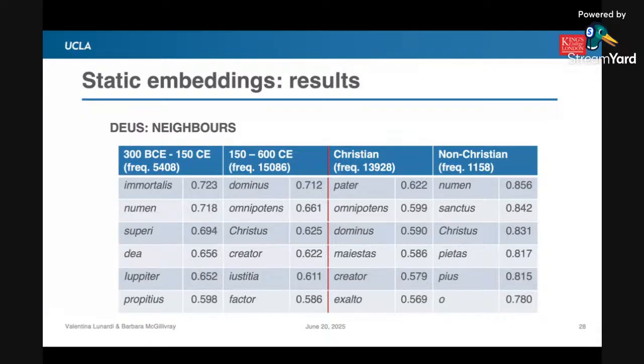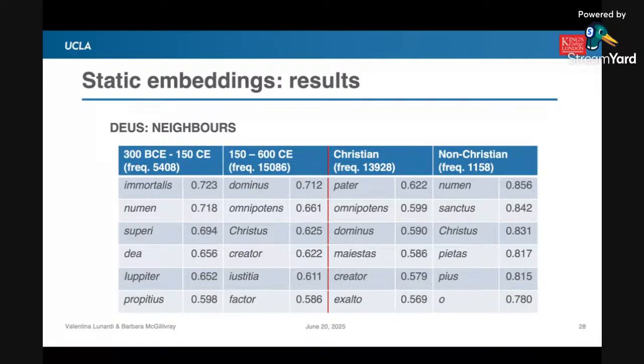And for the second time slice, you've got ways to refer to the Lord, Dominus, omnipotence meaning almighty, Christ, the creator, so definitely Christian-associated terms. And within the two Christian and non-Christian subcorpora contained in the second time slice, we can see that for the Christian subcorpus this association with Christianity is clearly confirmed, and for the non-Christian neighbors, we can see a mix, I think.